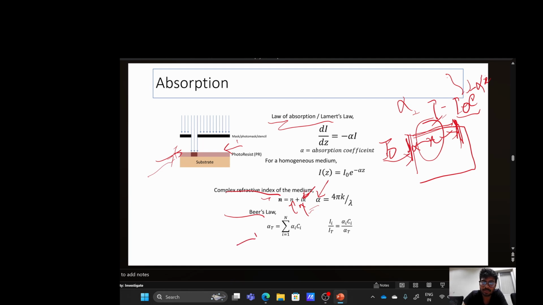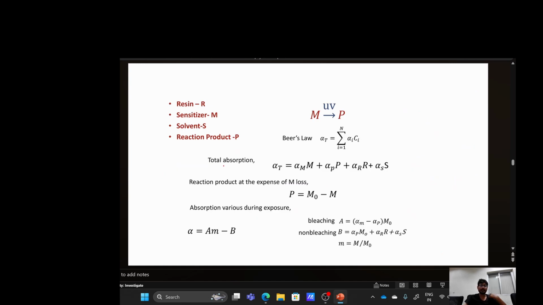So according to the Beer-Lambert law, the total absorption coefficient alpha T is equal to alpha 1 C1, the concentration of the material in that thin film, plus alpha 2 C2, alpha 3 C3, and so on. And another thing is, there is resin available in that thin film.